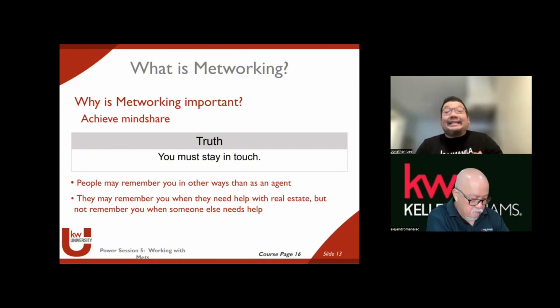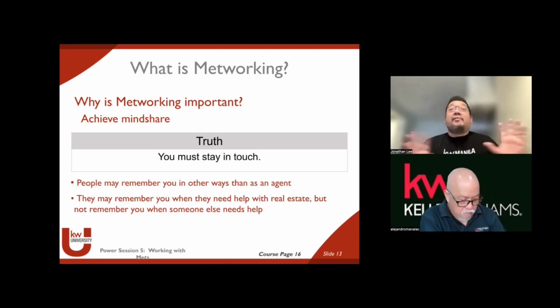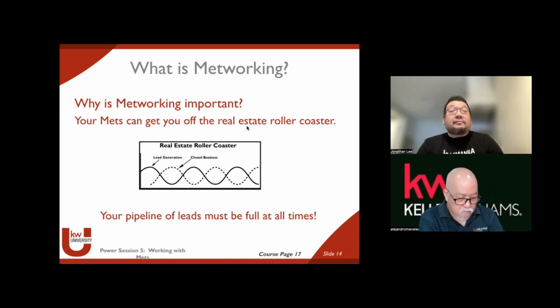So you must always be actively connecting with them: social media, emails, messages, advertisements, the way you post on Instagram. Make sure that you stay in touch with them, because this is about earning their active mind share.